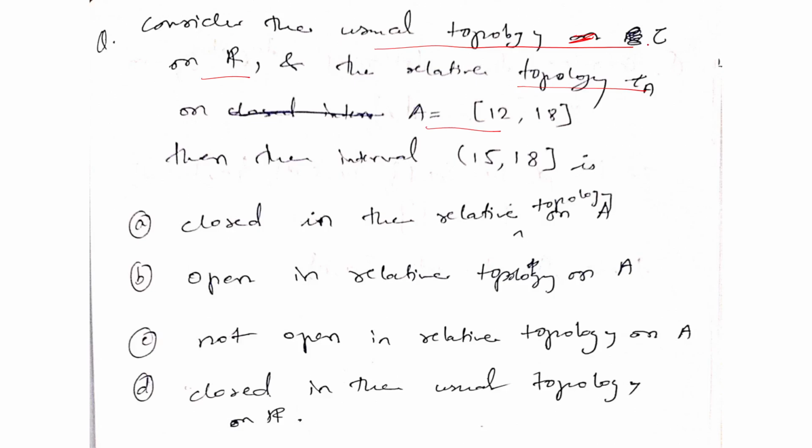So this is a topology and the relative topology is tau A. Solve it and let me know what answer you are getting.